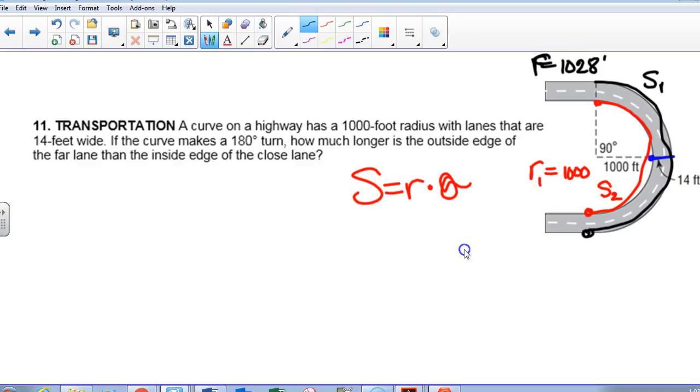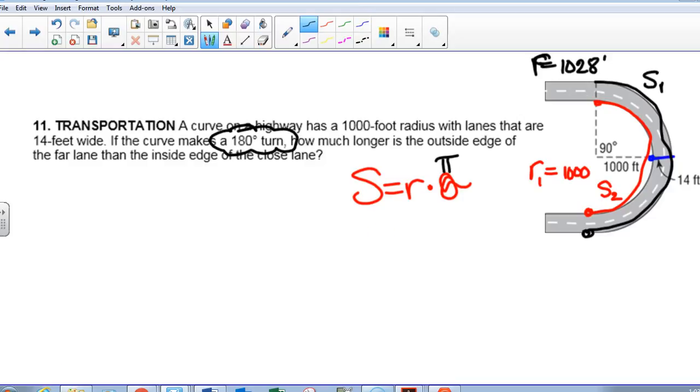Okay, what's theta though? They want us to do a 180-degree turn though, so that would be just pi, right? So we're going to use pi radians. Yeah, they just did a 90-degree here, but it says if it's a 180-degree turn. Yep, you're right.